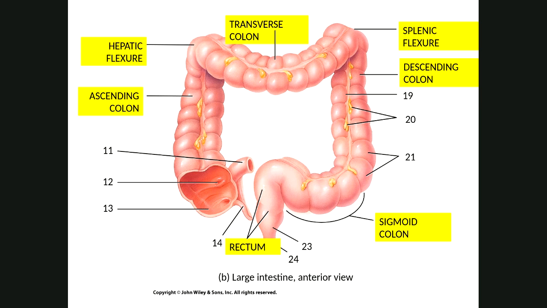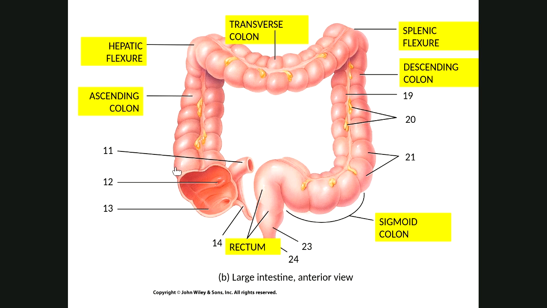So let's look again. Ascending colon, this turn right here, and this turn right here can give us trouble, especially this one and this one. That's why often if you have a stomach problem, we say stomach problem, but it's an intestinal problem, a good massage here and here will alleviate it, and we'll get the fecal matter moving again.